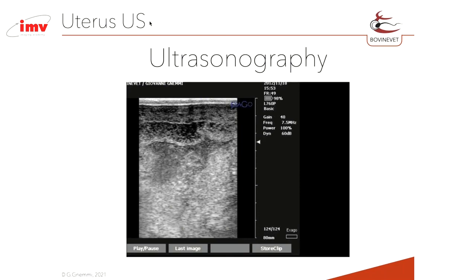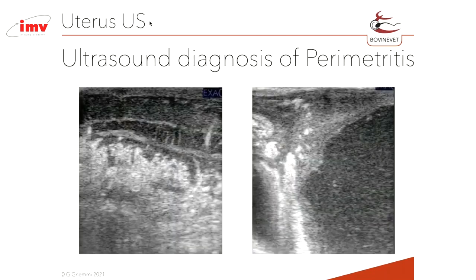So what I can see is that there is an inflammation, and so there is no pathognomonic ultrasound signal which permits me to distinguish between a cow sick with perimetritis and a cow without perimetritis. Well, what I can do with my ultrasound is the diagnosis of perimetritis.